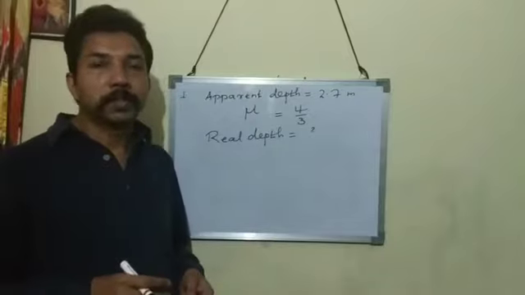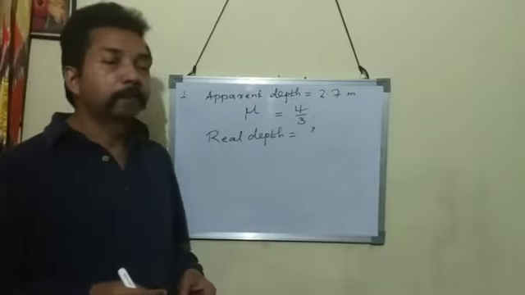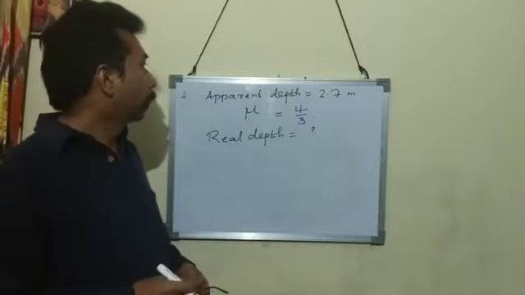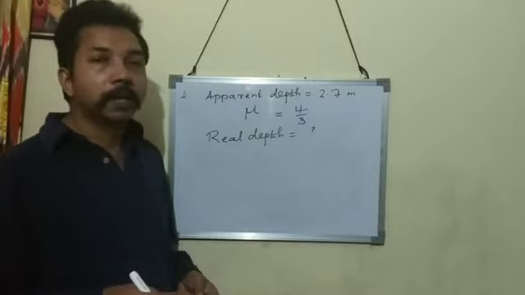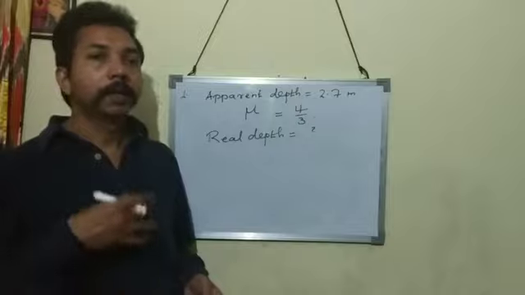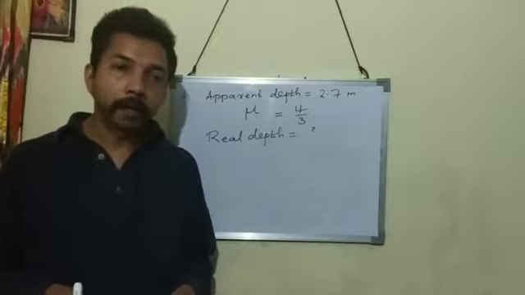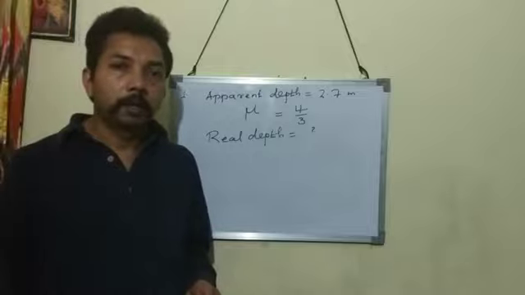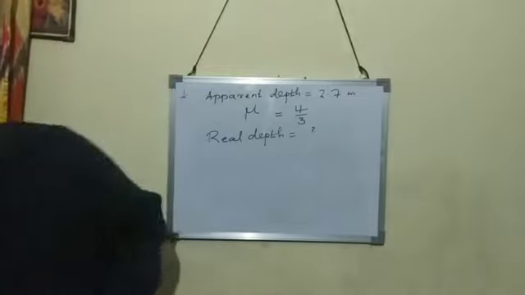So in this question, apparent depth is given as 2.7 meter, and refractive index of water is given as 4/3, and we have to find the real depth. So we use the formula to find real depth.